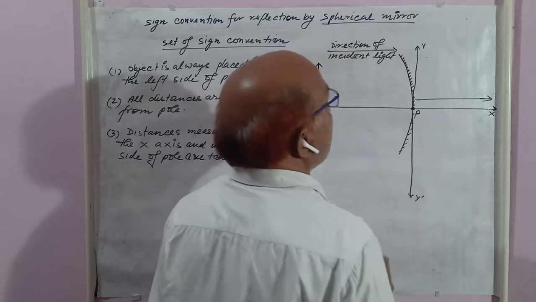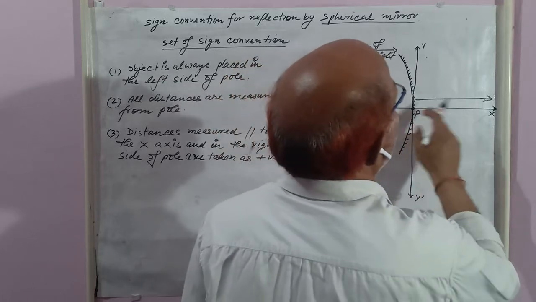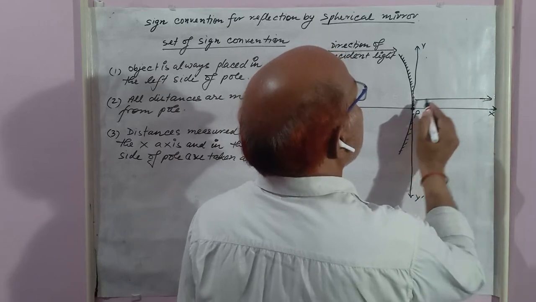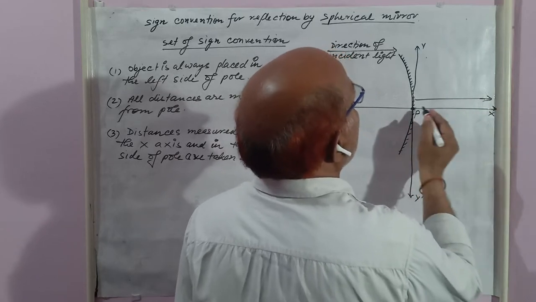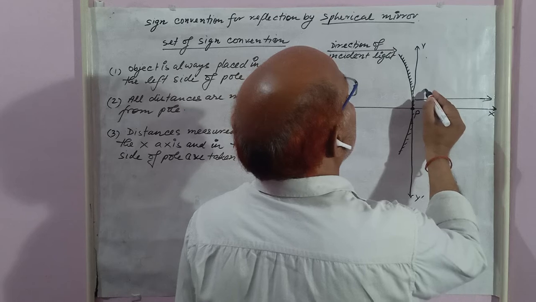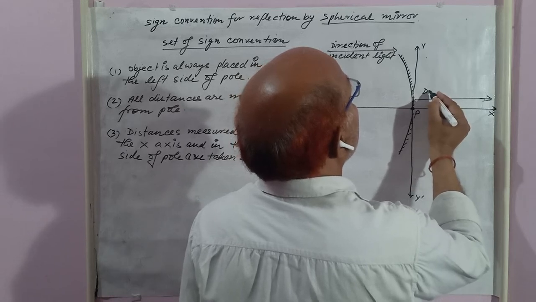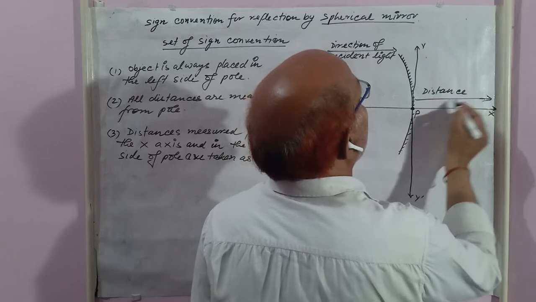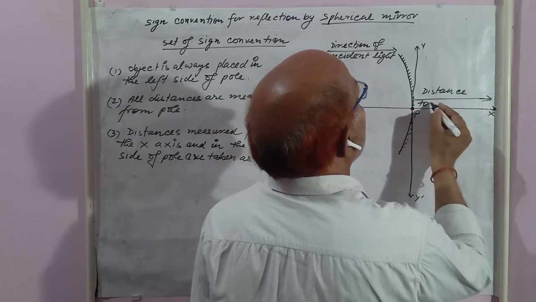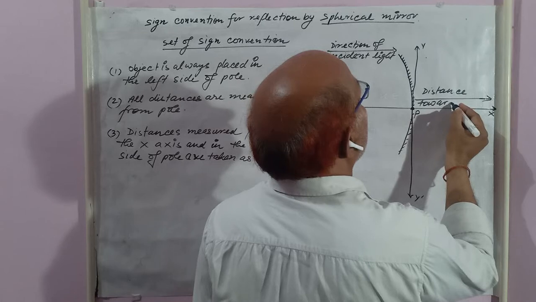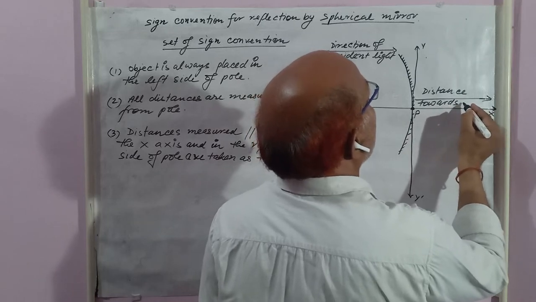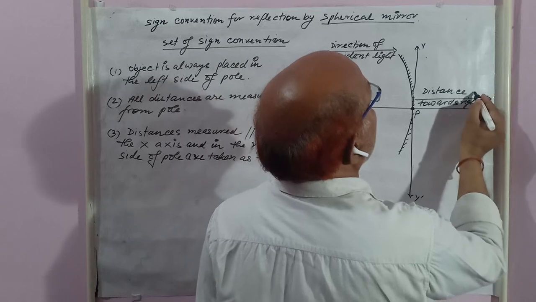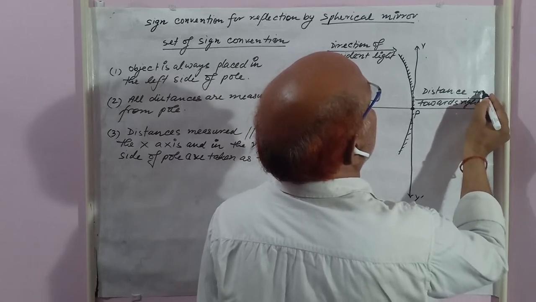Distances which are parallel to the principal axis and in the right side of the pole, distances towards the right, are taken as positive.